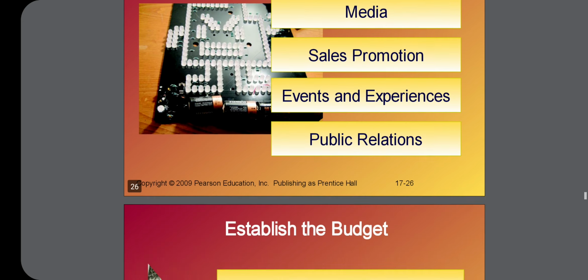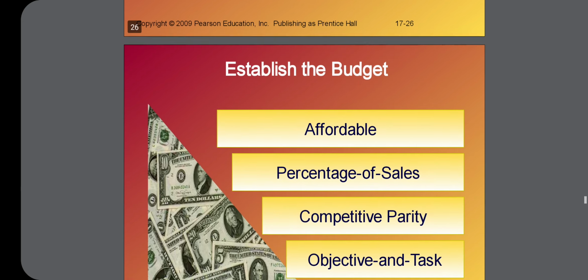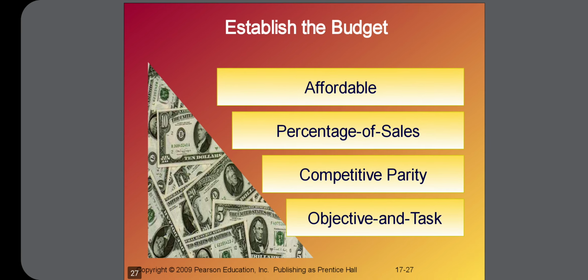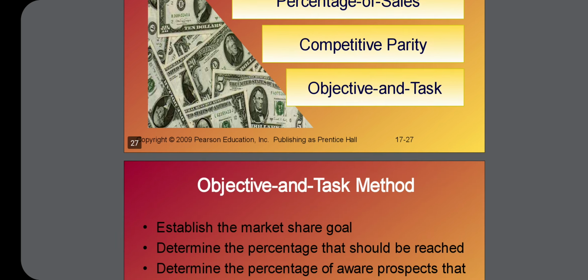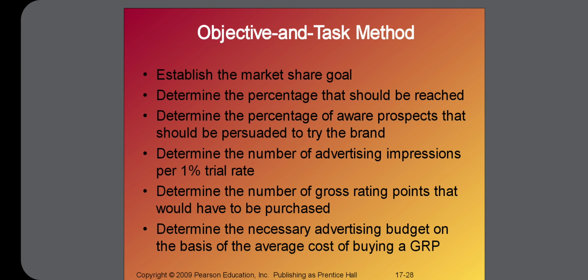We've discussed this in the previous slides. When you establish your budget, it should be affordable. You need to consider the percentage of sales, competitive parity, as well as the objective and task. In the objective and task method, establish the market share goal.